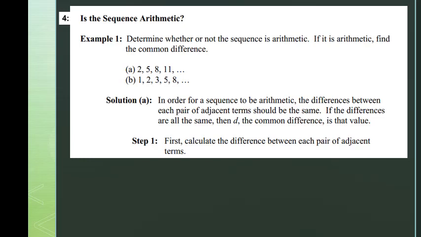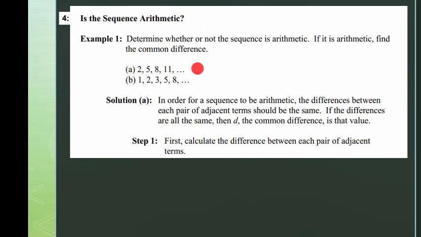Firstly, we must find the difference between each pair of adjacent terms. And this difference, we call it D, must be the same. If the differences are all the same, then D is the common difference, and this sequence is arithmetic.